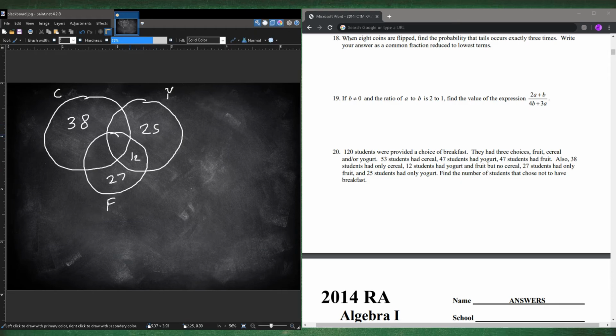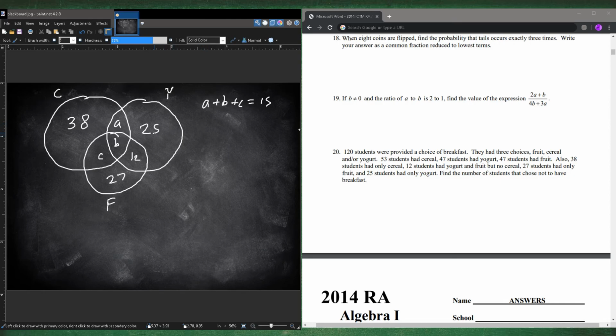So we need to find A, B, and C. For all cereal, go back to the third sentence: 53 minus 38 is 15. So A plus B plus C has to equal 15, because that's the rest of the other ones. And there's 47 at yogurt.